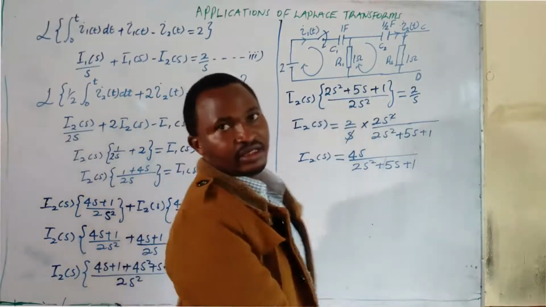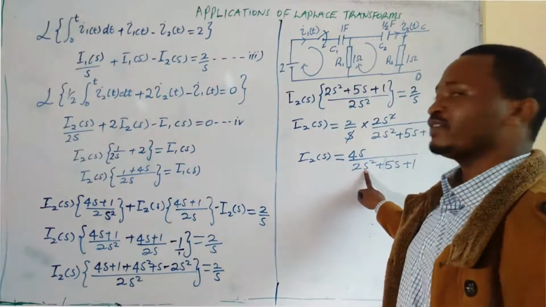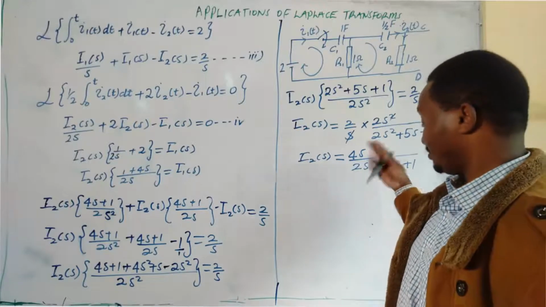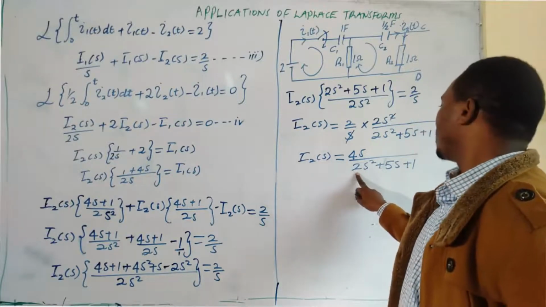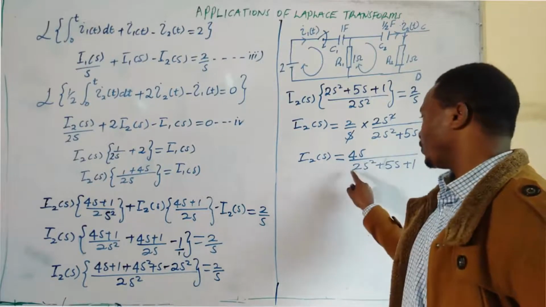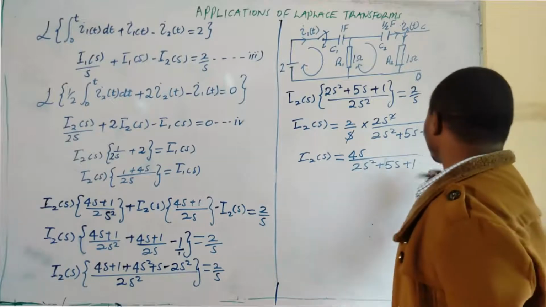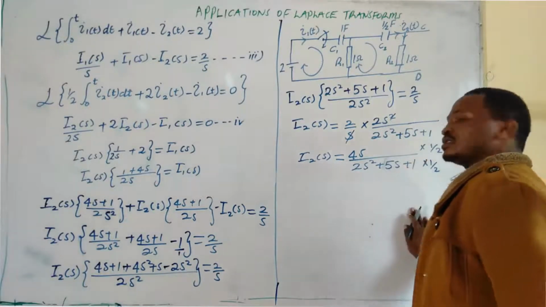In Laplace transform, the coefficient of the term with the highest power of s is always made equal to 1, or we make this unity. So we need to multiply here with the half, and we multiply here with the half.